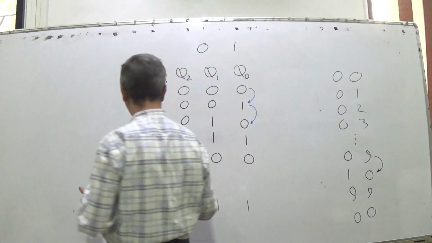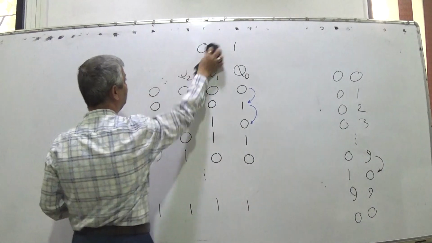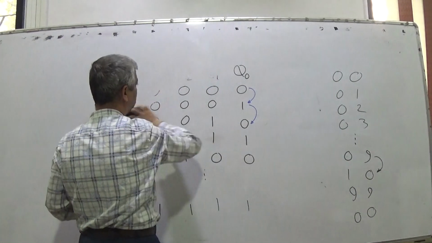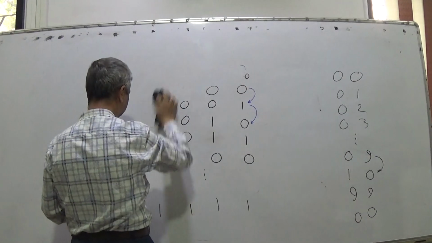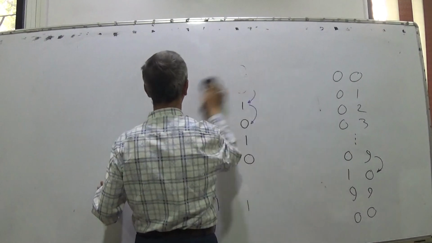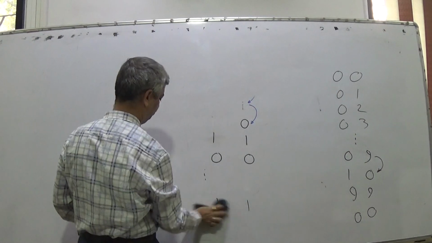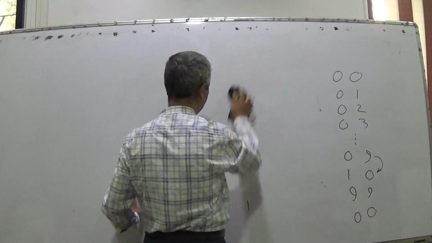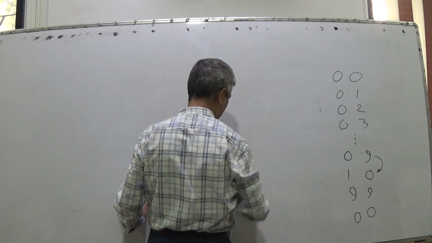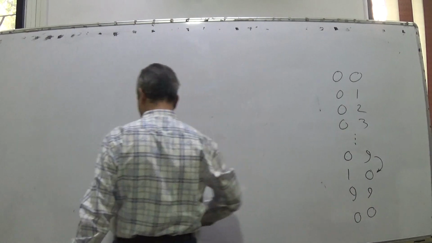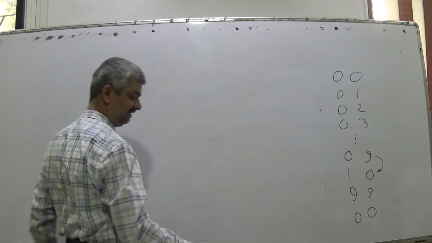So how will we design this circuit? This counter is to be designed. So what do we want? We will explain the counter by a simple application so that you will understand it very easily.